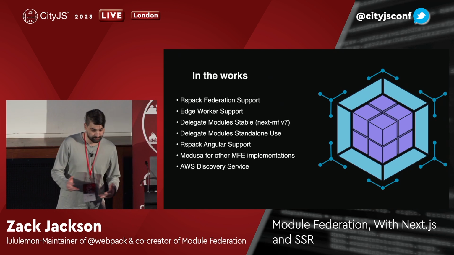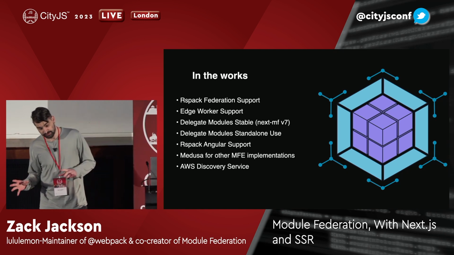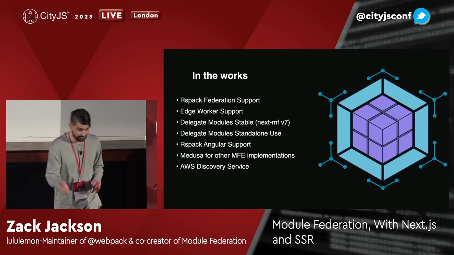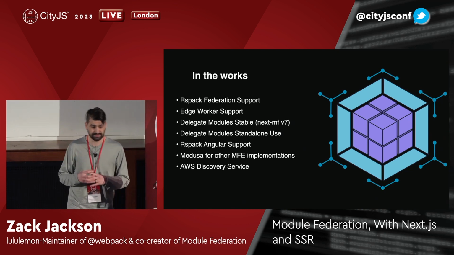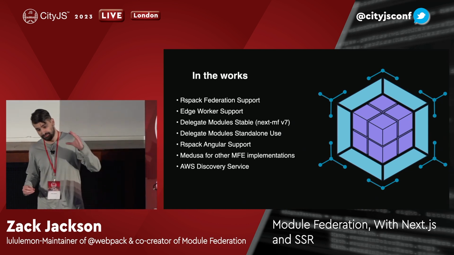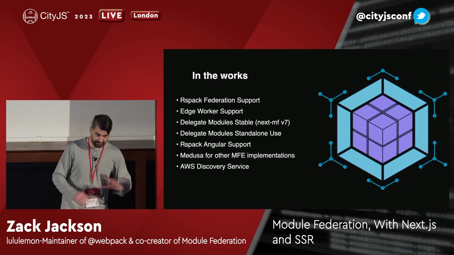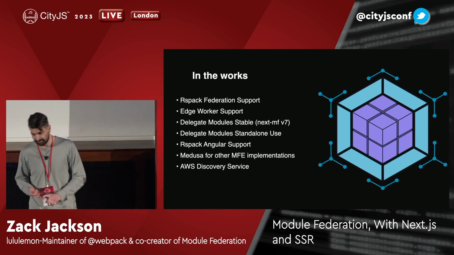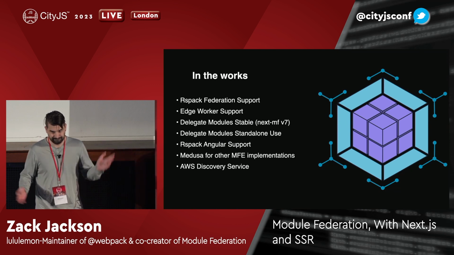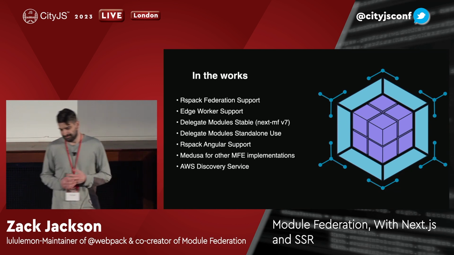The last thing that we've been working on, which hopefully will help on the infrastructure side, is we've been working with AWS on a service discovery system. The idea is you'll be able to write a JSON schema that's standardized across all of the major micro front-end builders like single SPA, me, I think Parcel as well.